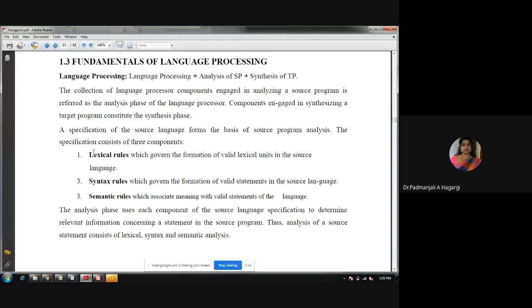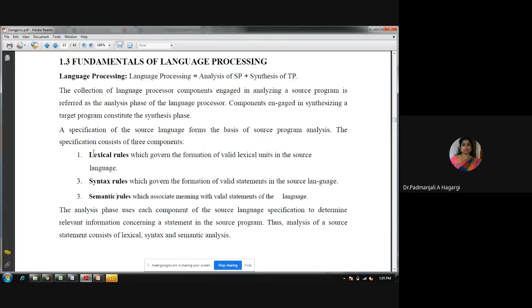Or say for example, "what are you doing?" Does it belong to Marathi? You'll say no, this does not belong to the Marathi language.